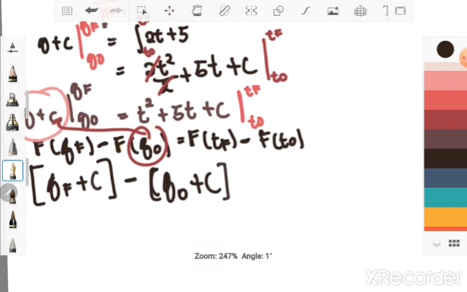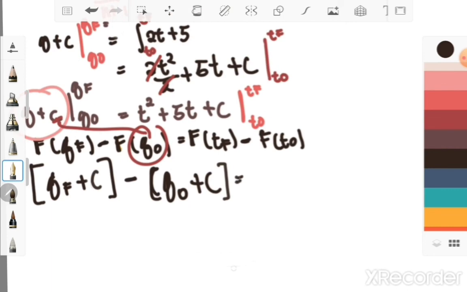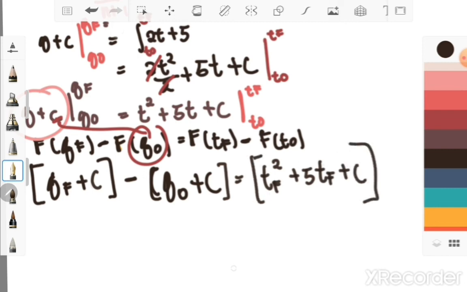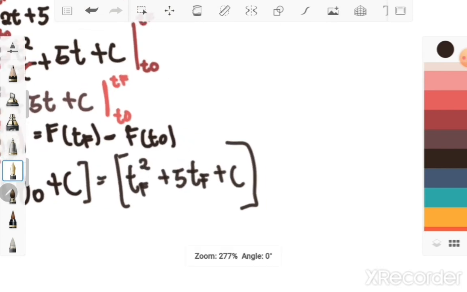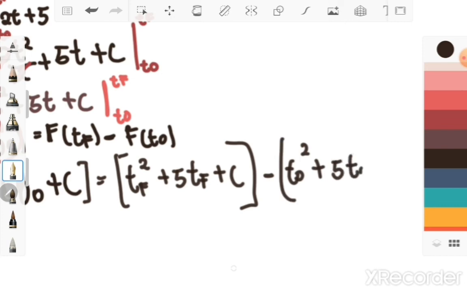Is equal to f of tf, or t f squared plus 5 tf plus c minus your t0 squared plus your 5 t0 plus c.